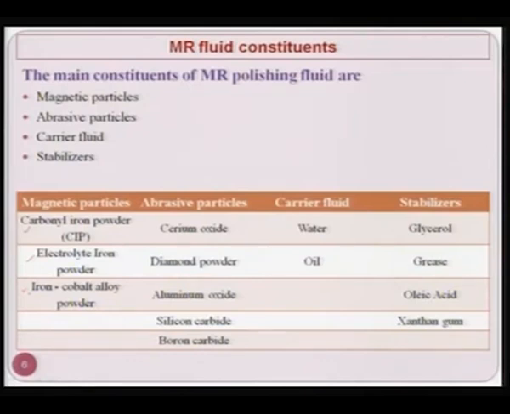The major constituent of any MR polishing fluid is the carrier fluid, and it makes a lot of difference as long as the performance of the finishing process is concerned. In case of certain workpiece materials, it is always recommended to use water as the carrier fluid, while in some other cases oil is recommended.